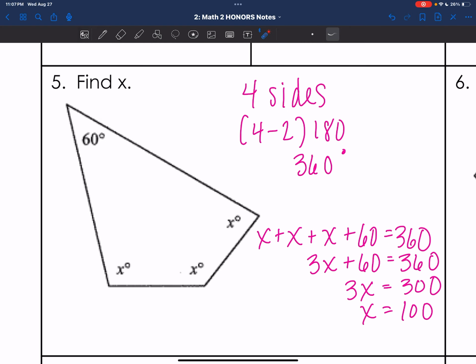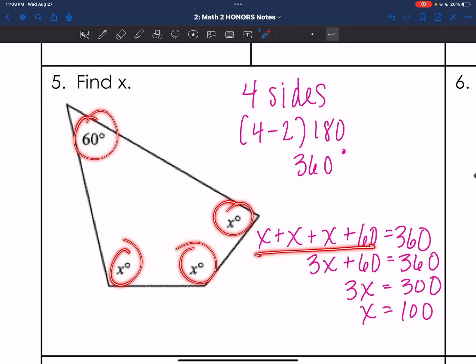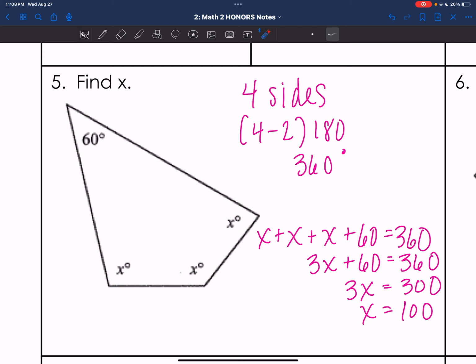So for this example, find x. If you notice, 1, 2, 3, 4. So it has 4 sides. So we're going to substitute it in for n. So 4 minus 2 times 180 is going to give you 360. So this plus this plus this plus this are all going to equal 360. And then when you solve that, x is going to equal 100.